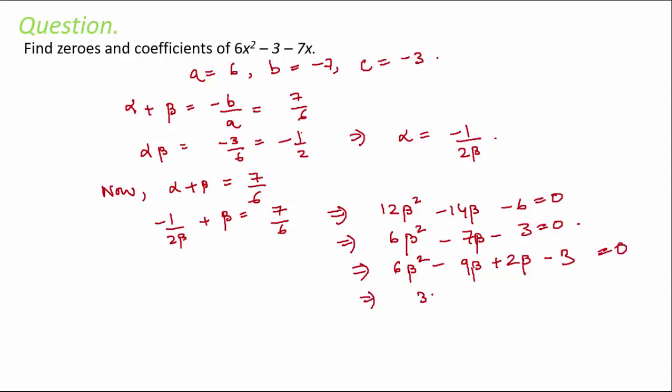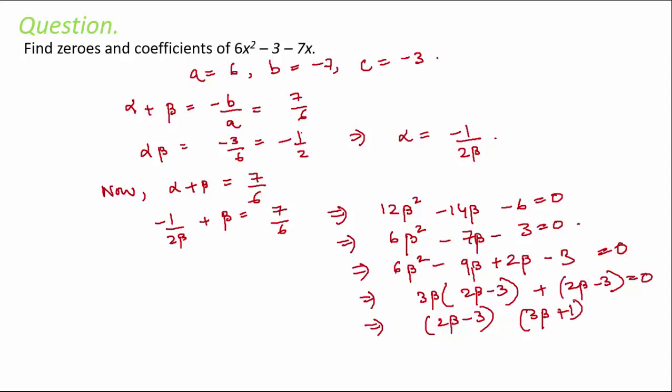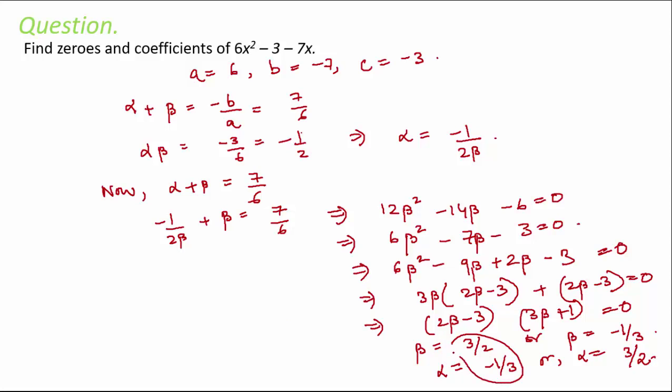So from this we can say that 3 beta into 2 beta minus 3 plus 2 beta minus 3 is equal to 0, or we can say that 2 beta minus 3 into 3 beta plus 1 is equal to 0. So beta is equal to 3 by 2, or beta is equal to minus 1 by 3. So therefore alpha is equal to minus 1 by 3, or alpha is equal to 3 by 2. So basically the coefficients are 6, minus 7 and minus 3, and the zeros are minus 1 by 3 and 3 by 2.